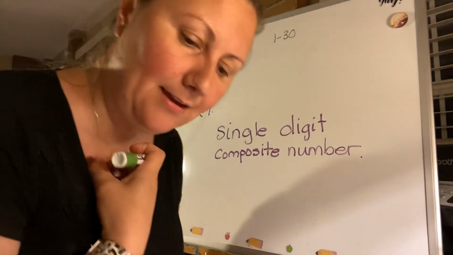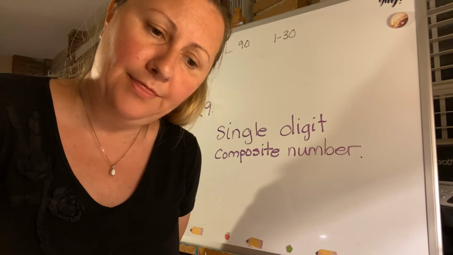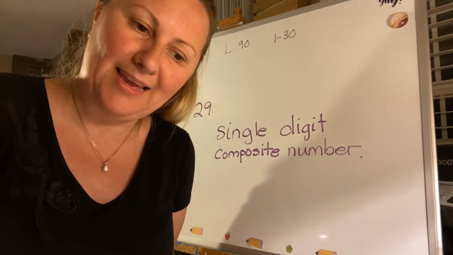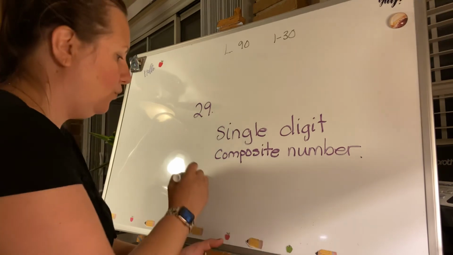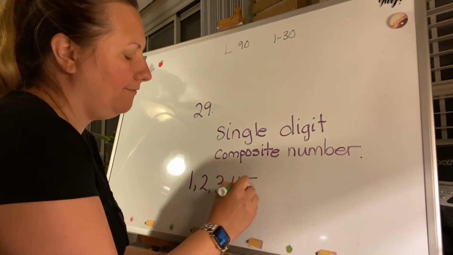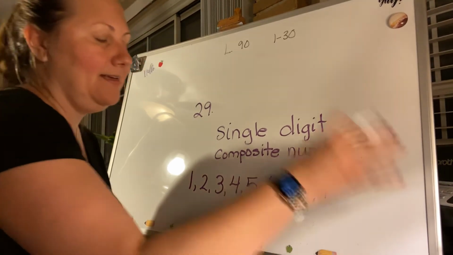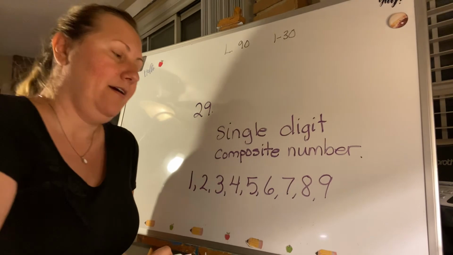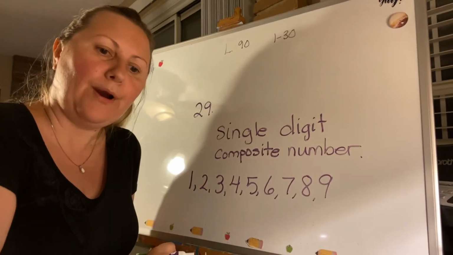So let's think about the numbers that it could be. Single-digit numbers are numbers like 1, 2, 3, 4, 5, 6, 7, 8, and 9. And anything after that is going to be a 2-digit number, so it won't work.